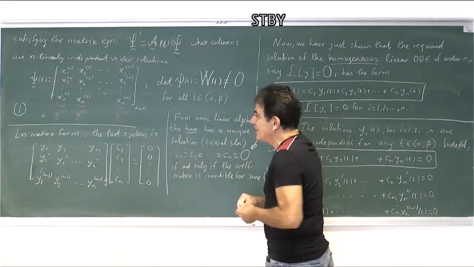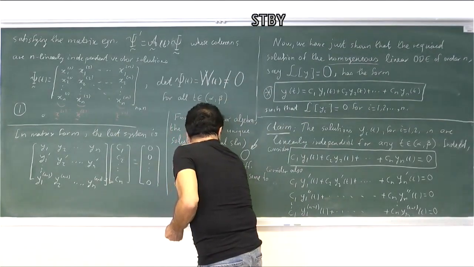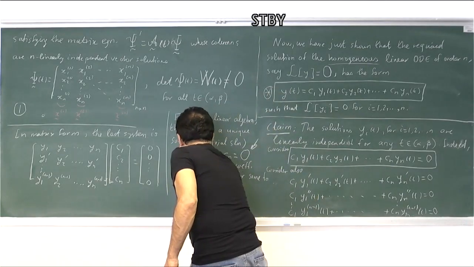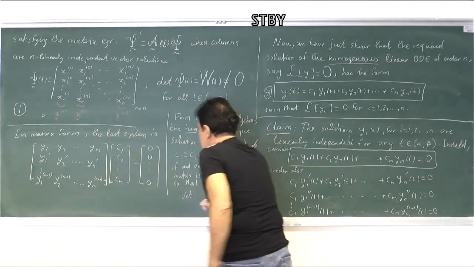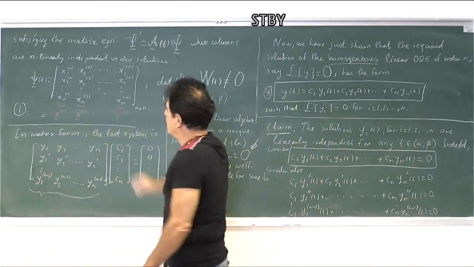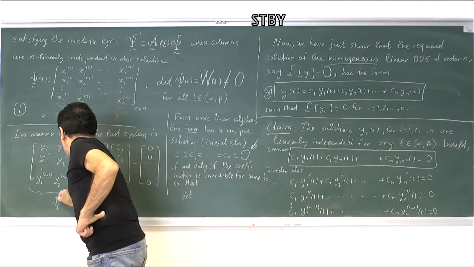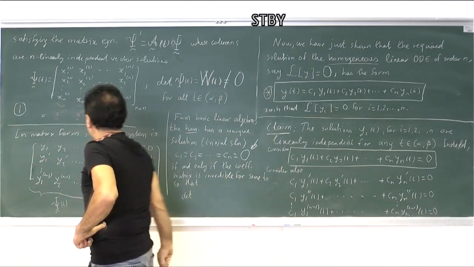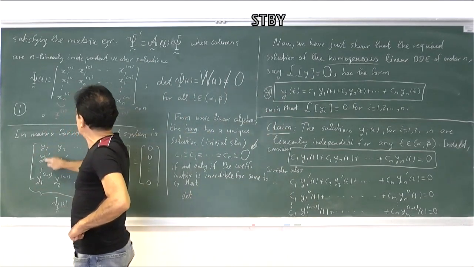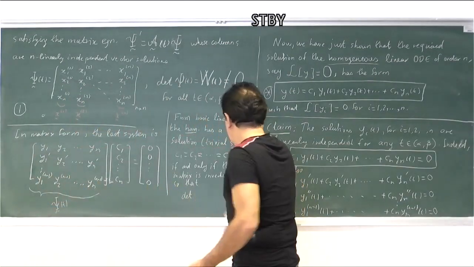But what is the coefficient matrix? Look, the determinant of the coefficient matrix, this is nothing but C. For this system, because the derivative of y prime is x2, therefore we have this.